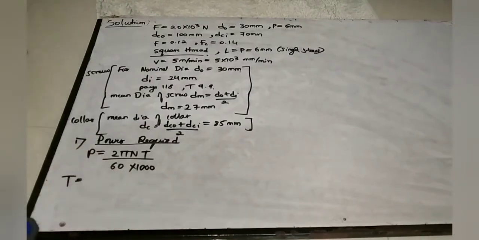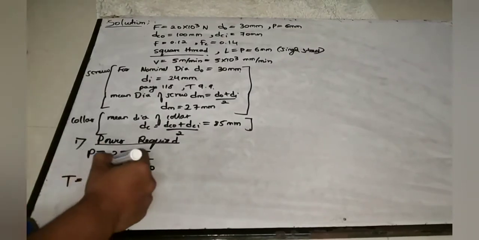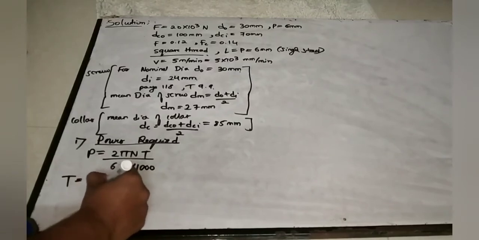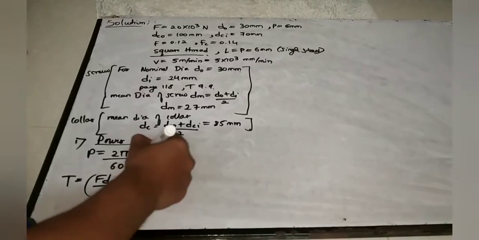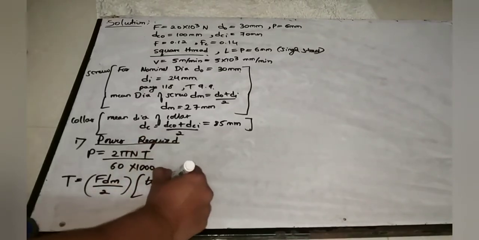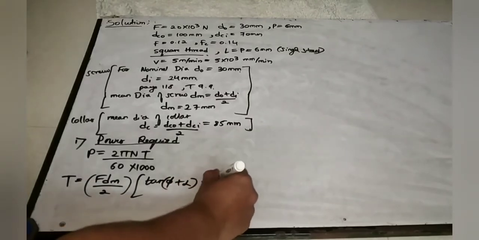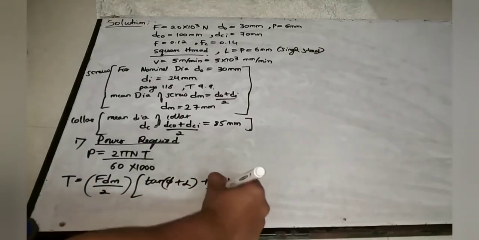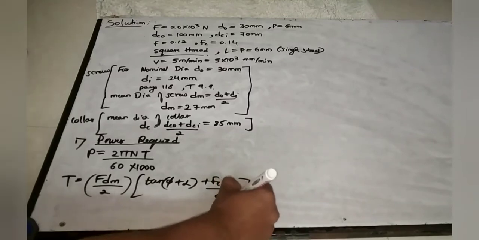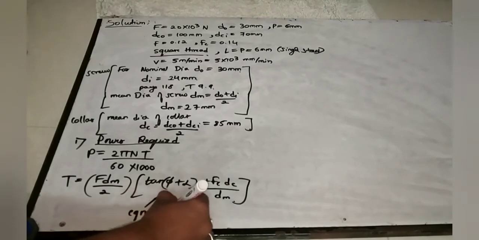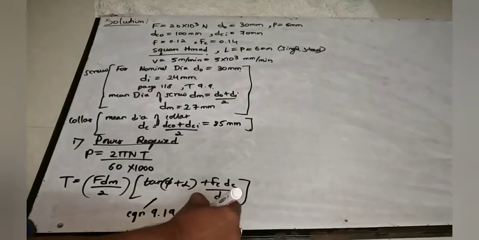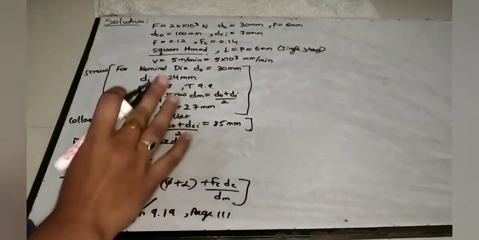The torque expression is the same as the previous one: F dm by 2 times tan of phi plus alpha plus Fc dc by dm. This is equation number 9.19 from the handbook, page number 111, so it remains the same.